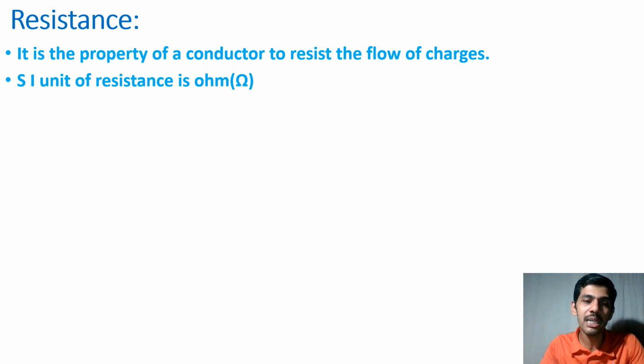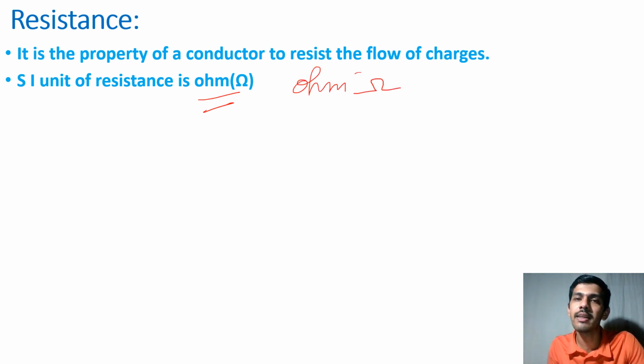This symbol is called ohm. It is written like this. SI means system international, or international system of unit of resistance is ohms.